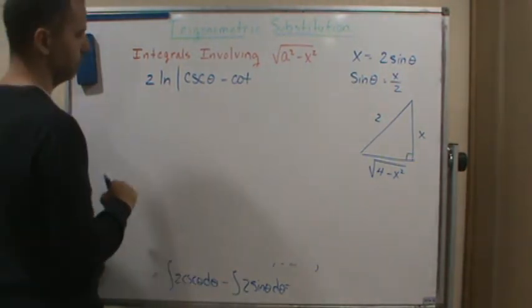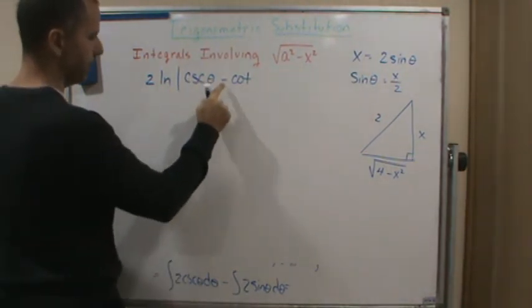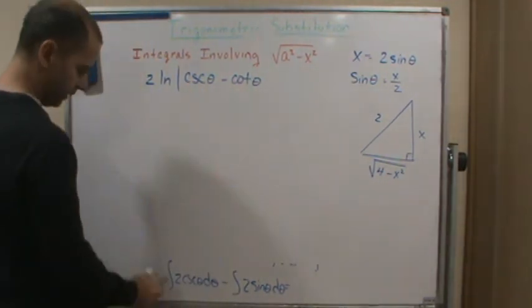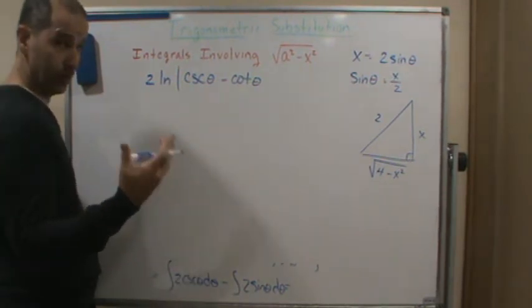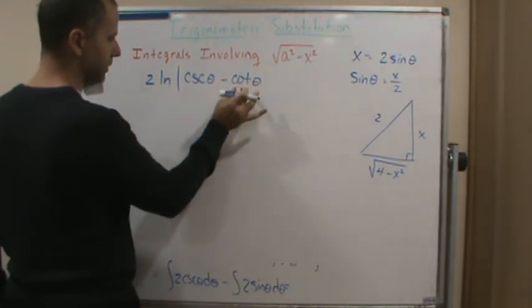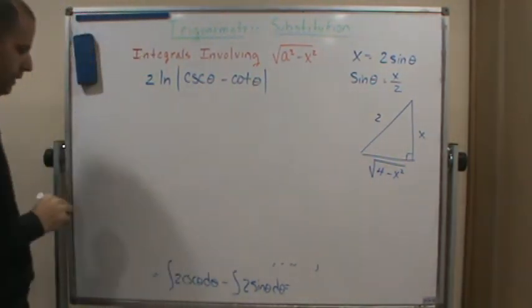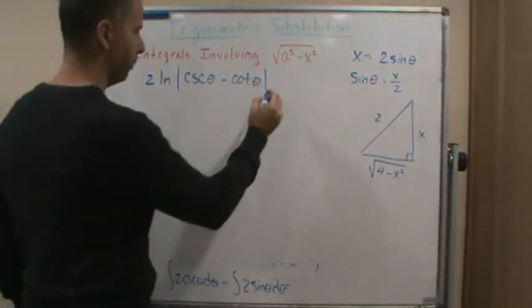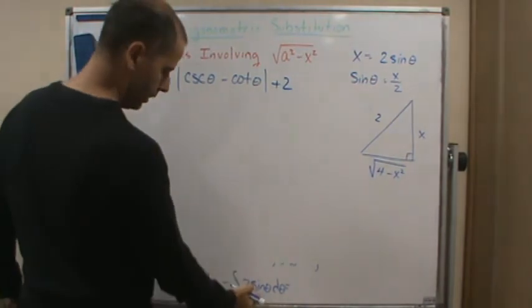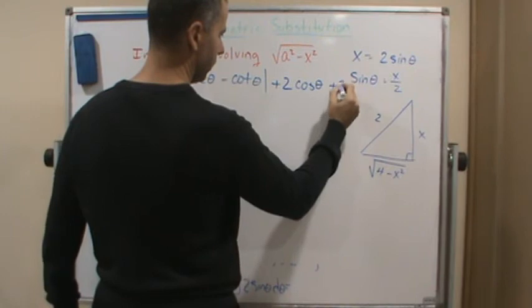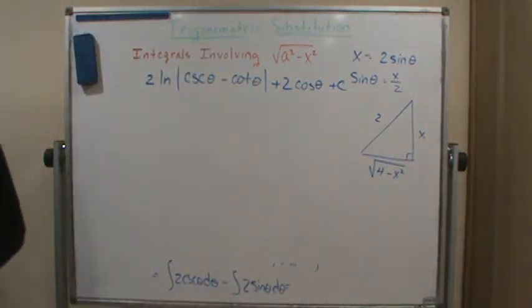Since we're dealing with cosecant theta, it's very similar, so it's the natural log of the absolute value of cosecant theta minus cotangent theta. Okay, so that's this piece. Now this piece is going to be plus 2 cosine theta plus c.